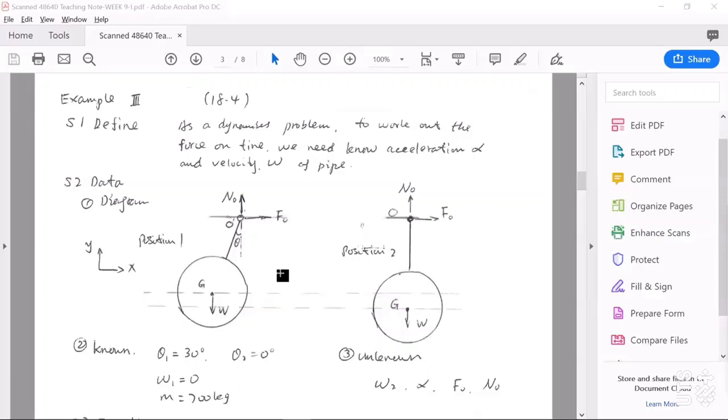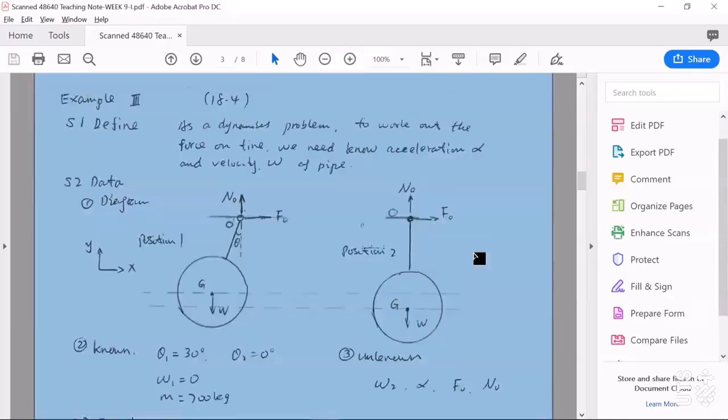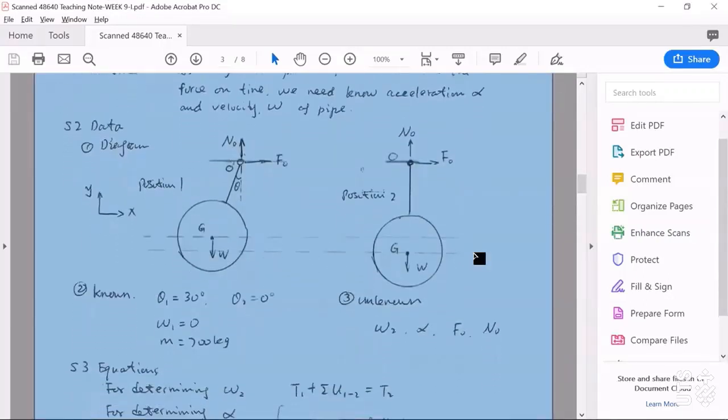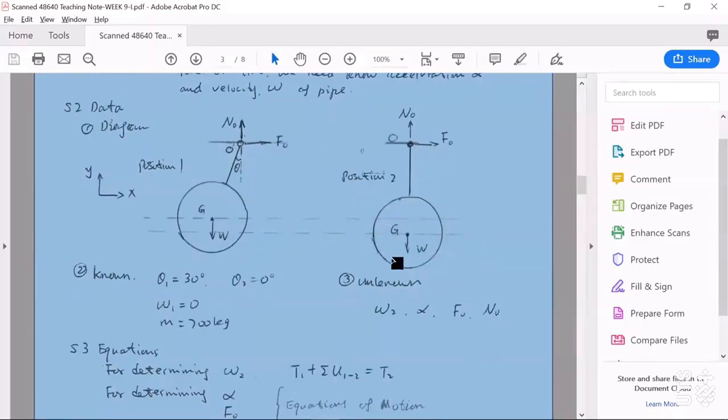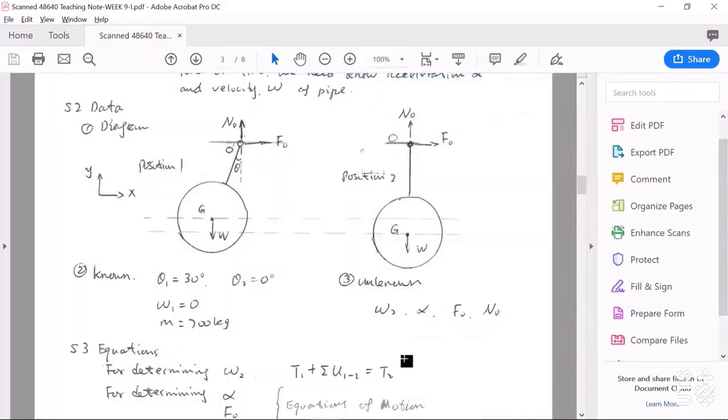So firstly, we have to use a method to work out this velocity, and this problem involves force, the weight force, velocity, and displacement. Displacement is from here to here, so the angular displacement delta theta is 30 degrees.